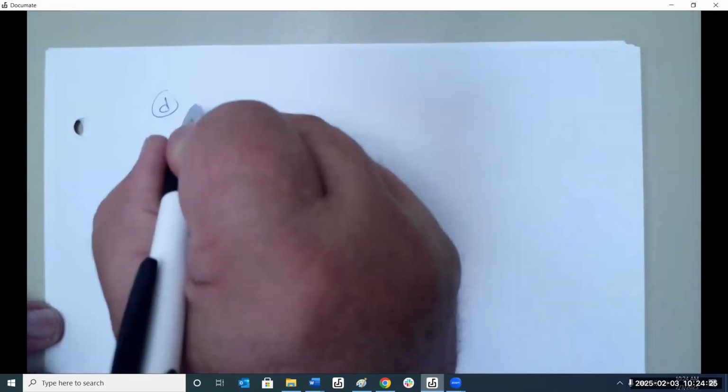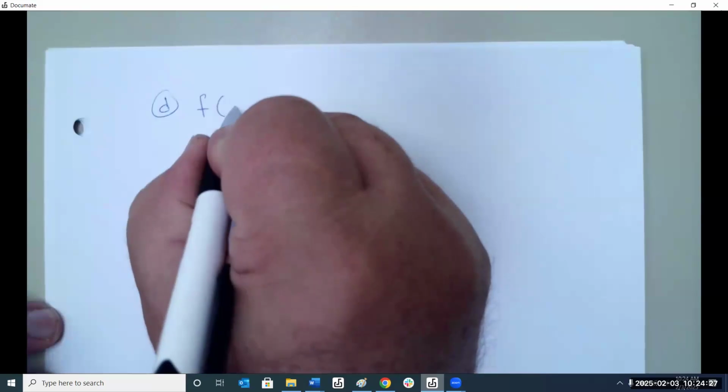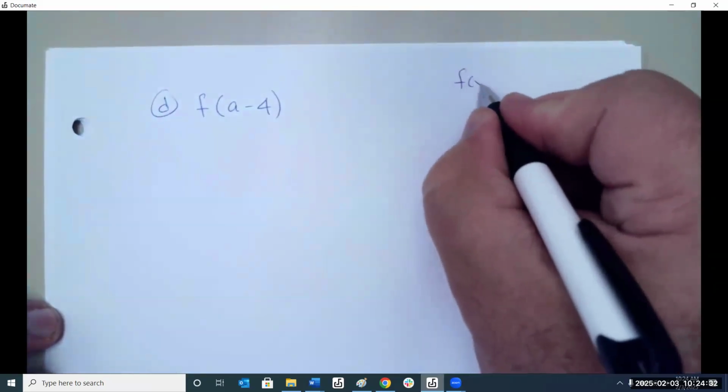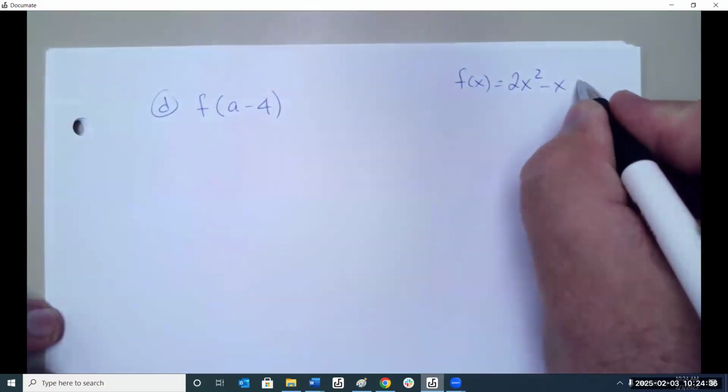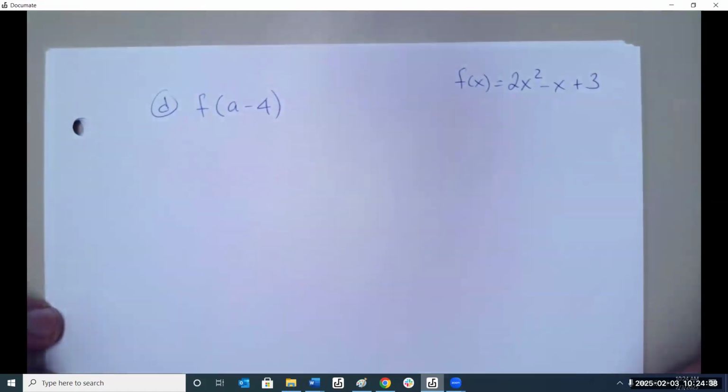And D. This is f of a minus 4. F of x is 2x squared minus x plus 3.